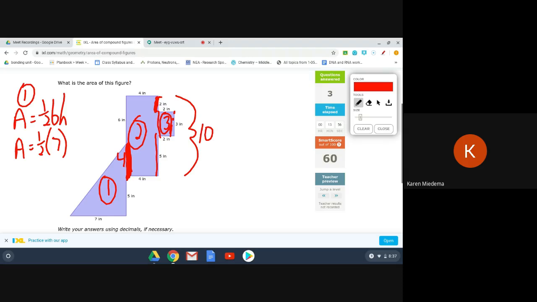And now to find the entire height of my triangle, well, initially I had 5 from here to here, plus an additional 4, so the height of my triangle is 9. Now I have 1/2 times 7 times 9. 1/2 times 7 times 9 is 31.5.